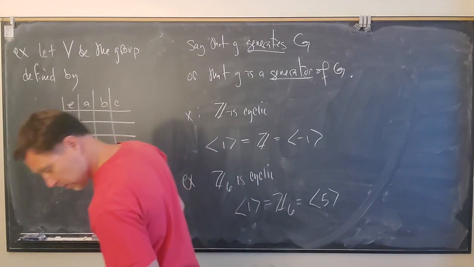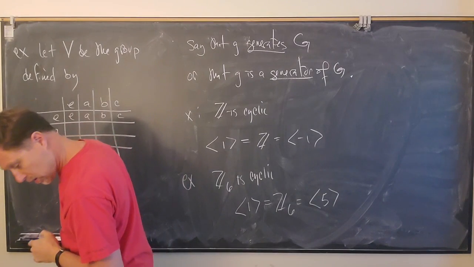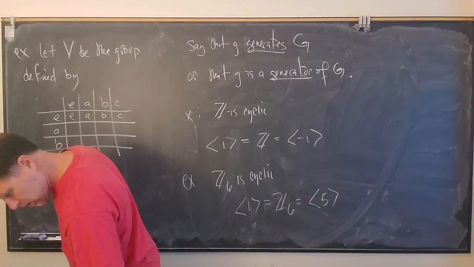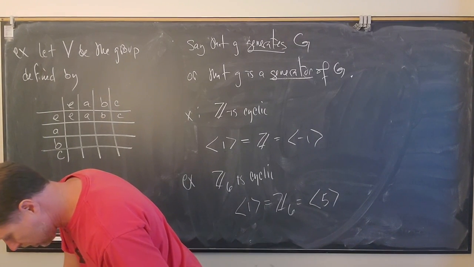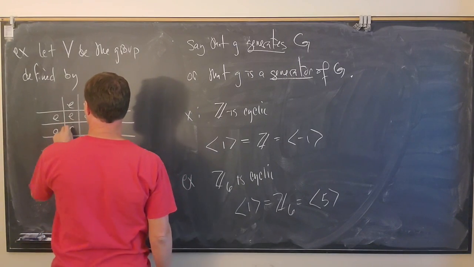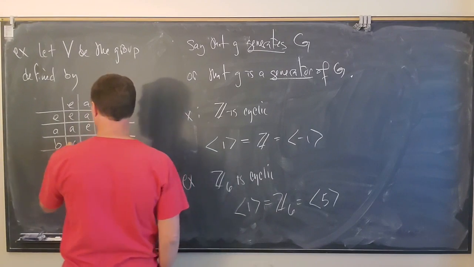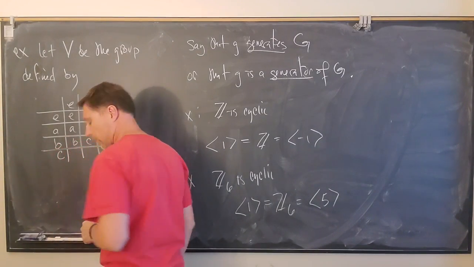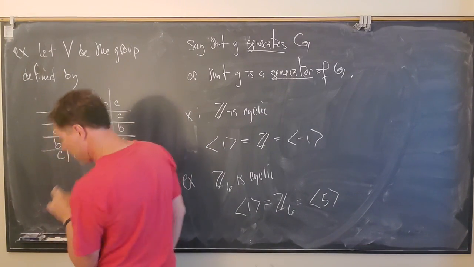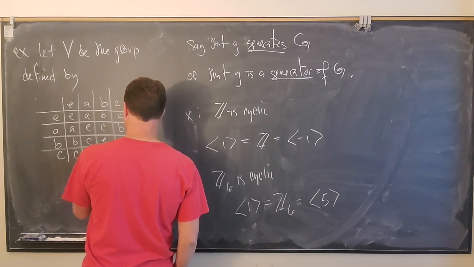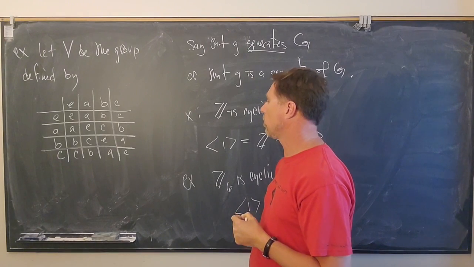The rows are E, A, B, C; then A, E, C, B; then B, C, E, A; and C, B, A, E. You wrote out this Cayley table, or group table, in your last homework.